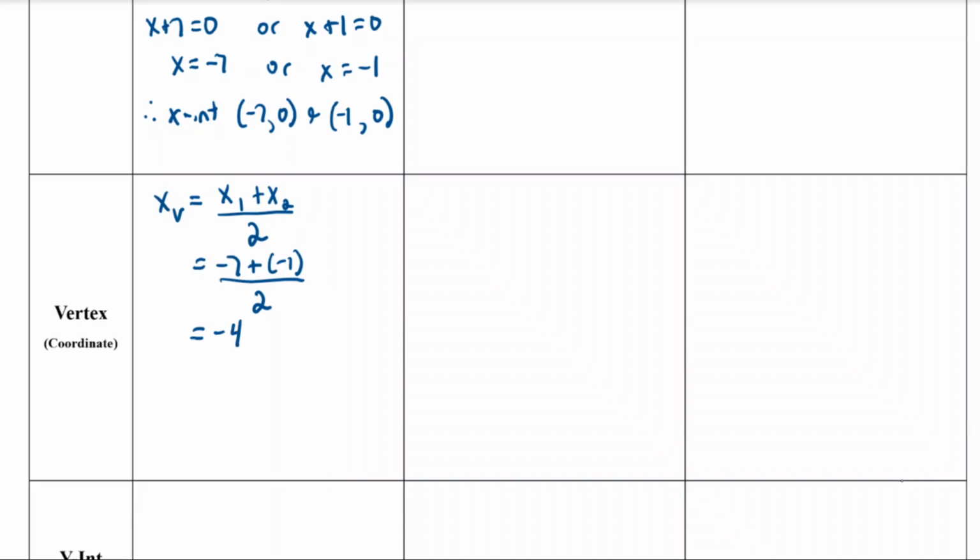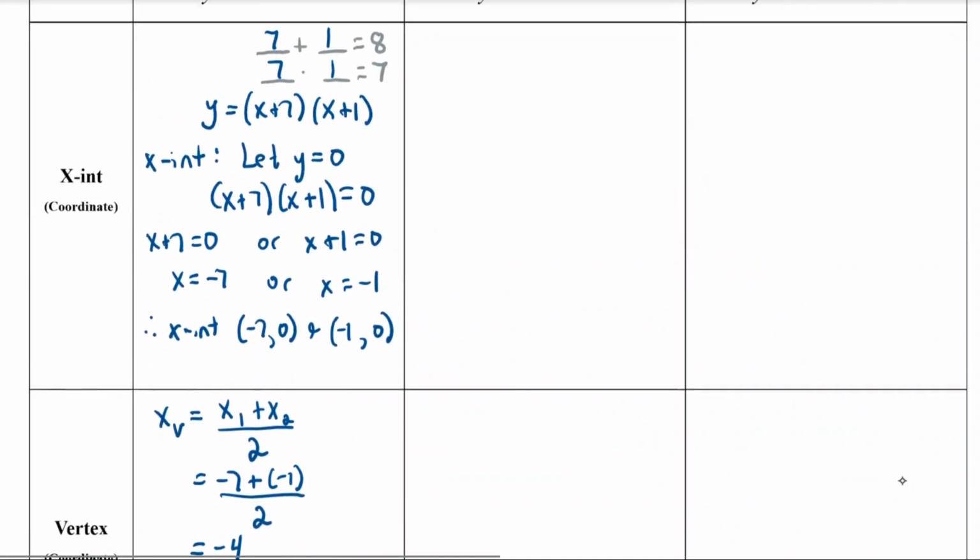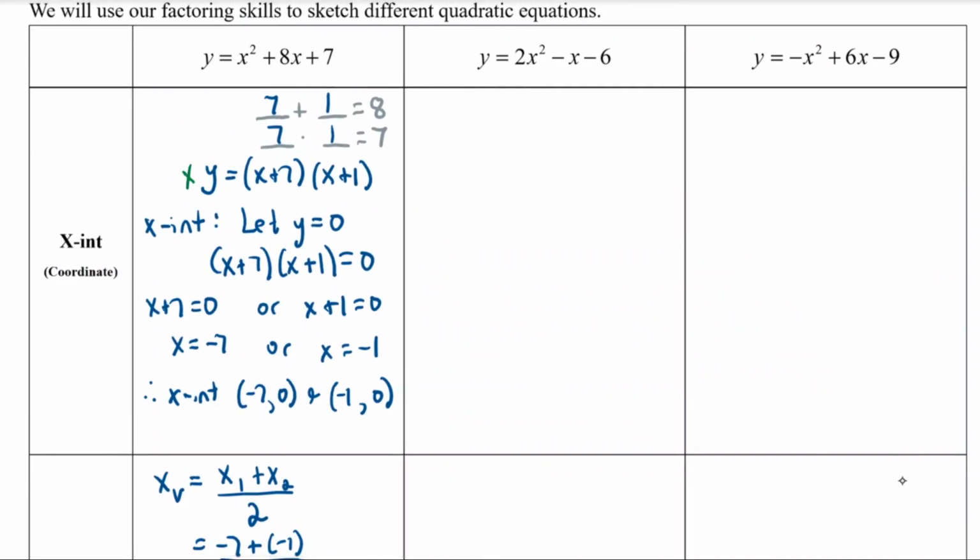So what we can do now is substitute this x value, which is the x-coordinate of our vertex, into our original equation. Now I have a choice here. I could toss it into this, or I could toss it into this. It's going to yield the same answer because they're equivalent. Let's do it into the original.